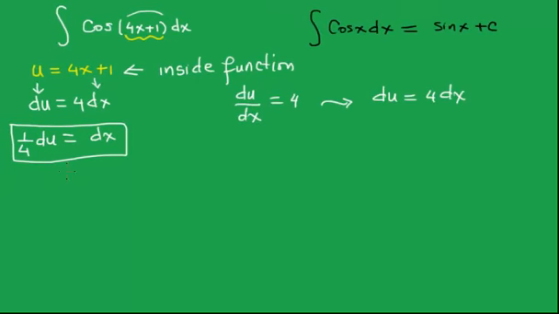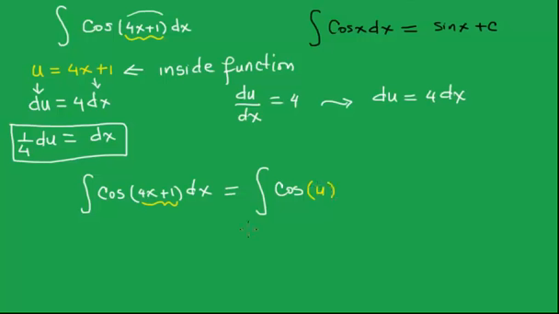What do we do with that? The integral that's given is the integral of cosine of 4x plus 1 dx. The goal here is to transform the integral in terms of the new variable u without x. So this equals the integral of cosine of u.